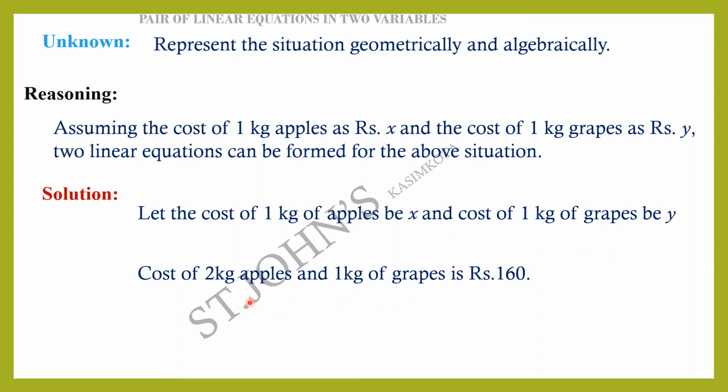This is written as 2x plus 1y equals 160, or 2x plus y equals 160. This is the first equation. 2x plus y equals 160 means cost of 2 kg apples plus cost of 1 kg grapes is equal to 160 rupees. Okay. Now we are going to the second condition.